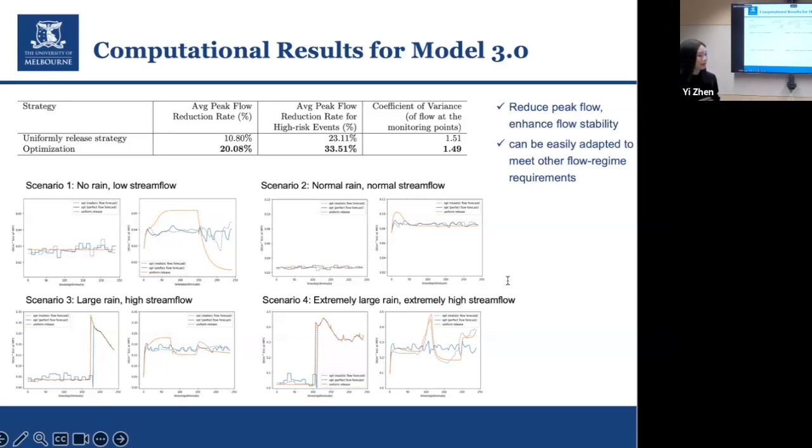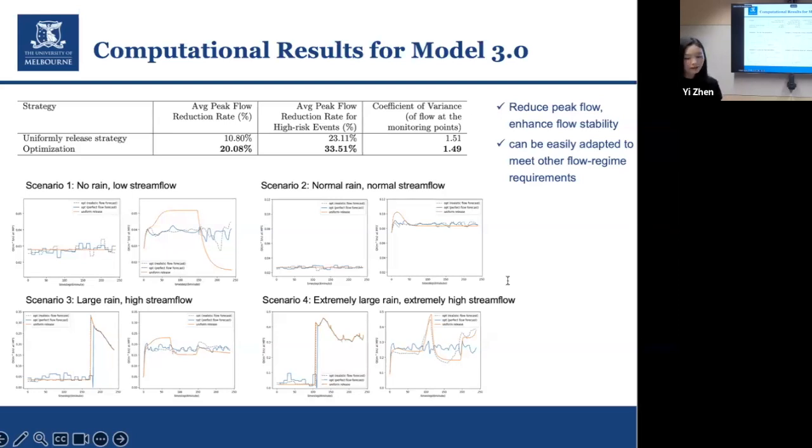And when we use a more realistic forecast generated by the neural network, the performance is denoted by the gray dotted line here. And we can see for all the scenarios, although its performance is affected by forecast error, it still managed to consistently outperform or at least match the uniform release strategy.